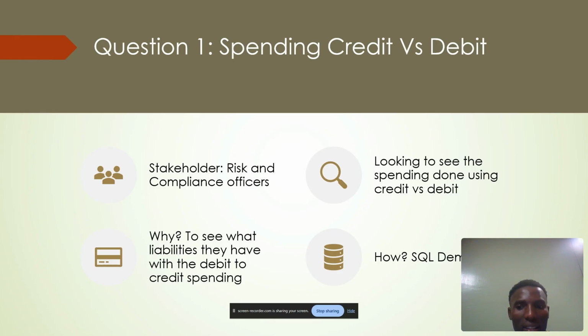The reason is to see the liability they have with the debit to credit spending. When you have an SQL query for these two, you can write a demo that retrieves the information to compare the spending of credit versus the debit.